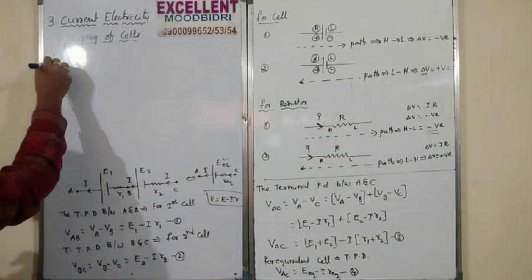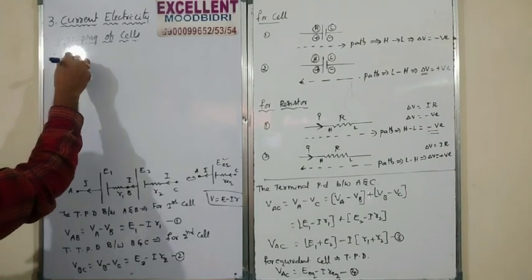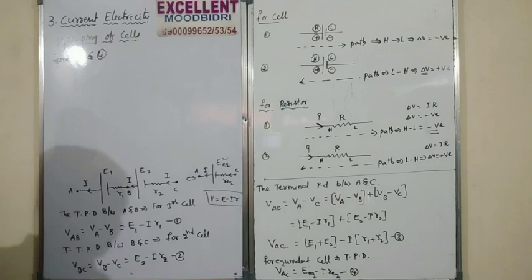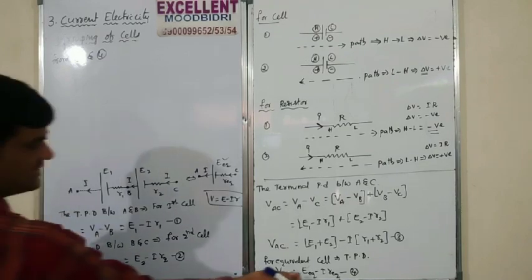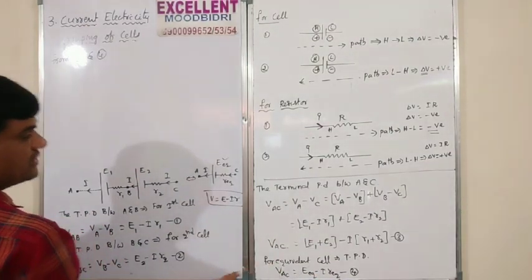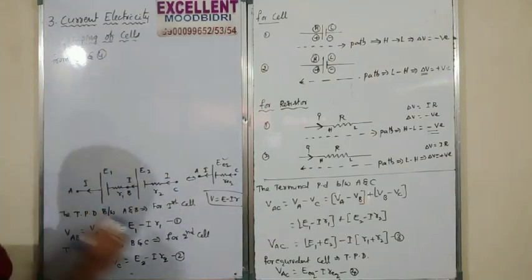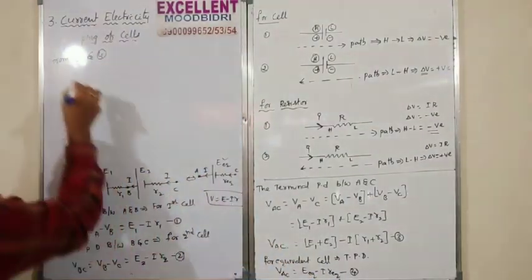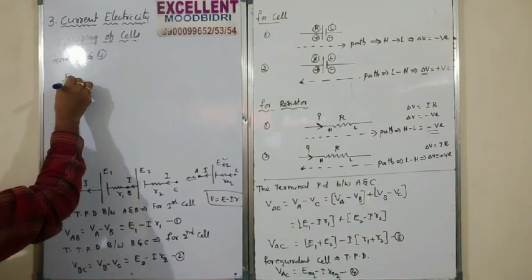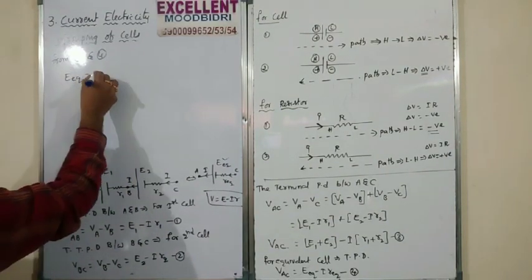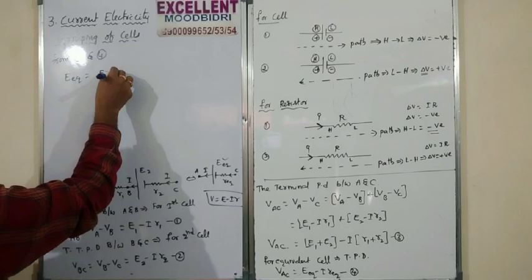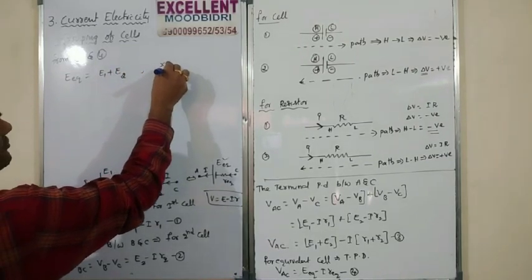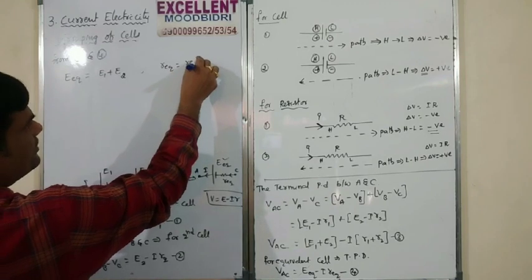From 3 and 4 we compare VAC, this one and this one. Therefore, E equivalent is equal to E1 plus E2 and R equivalent is equal to R1 plus R2.